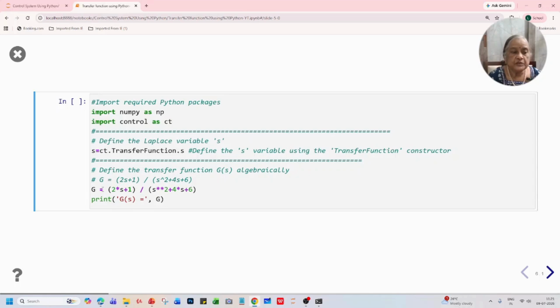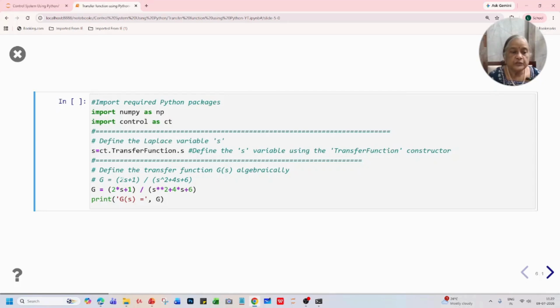So g is equal to, whatever the numerator polynomial and denominator polynomial are, we just type it as it is, replacing multiplication by the symbol of a single star and the power by a double star.